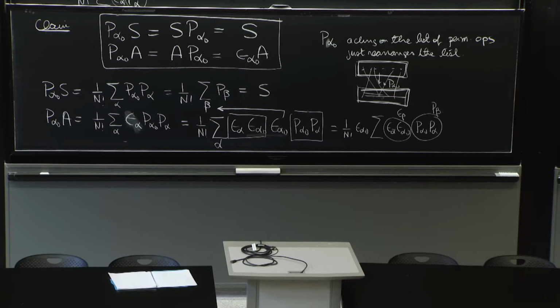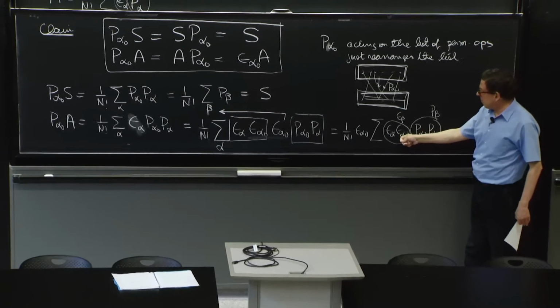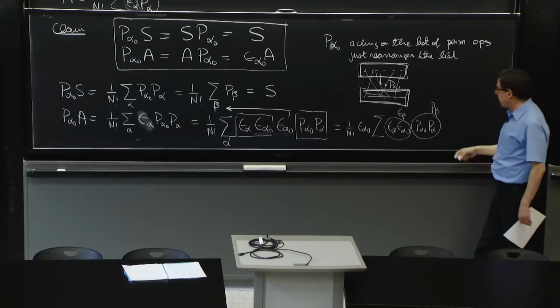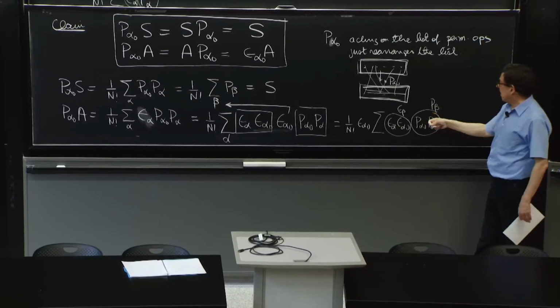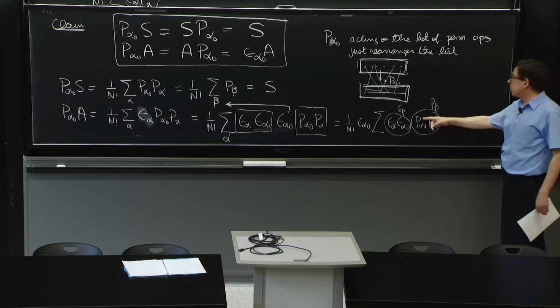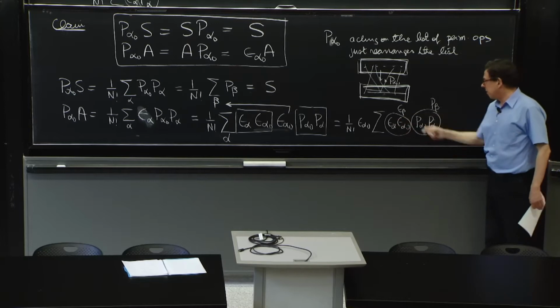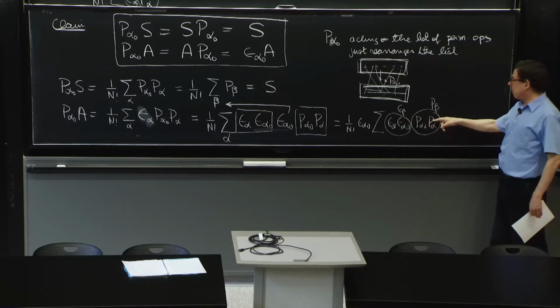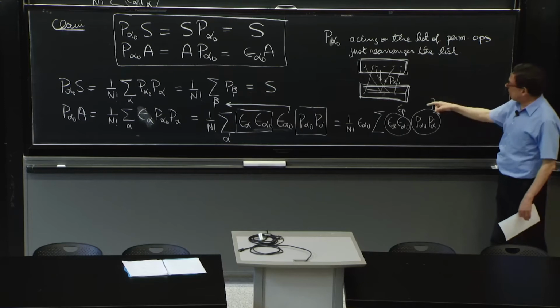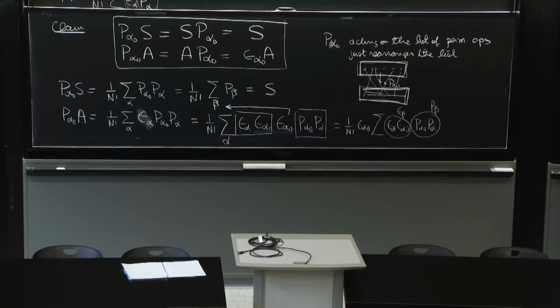This is kind of clear because it's just the number of transpositions again. This is counting the number of transpositions mod 2, and this works like that. If you have two even permutations, the product is an even permutation, and therefore the two pluses give you a plus. If one is even and one is odd, the product is an odd permutation, and you have a 1 and a minus 1, whose product is minus 1.